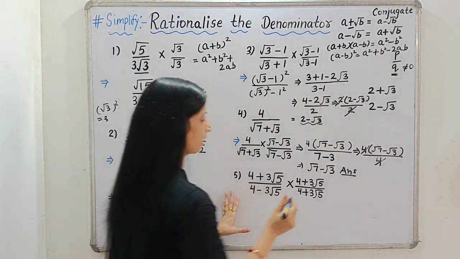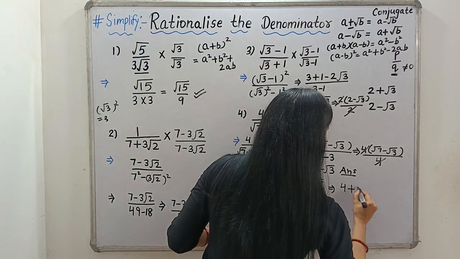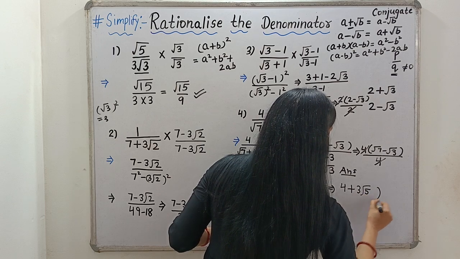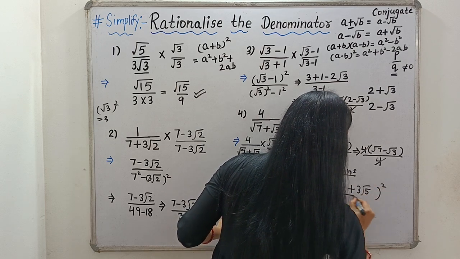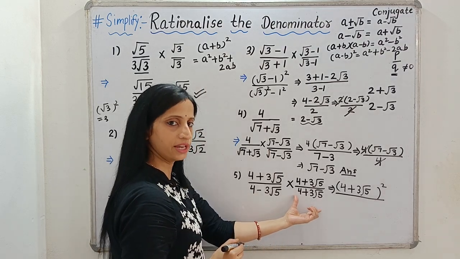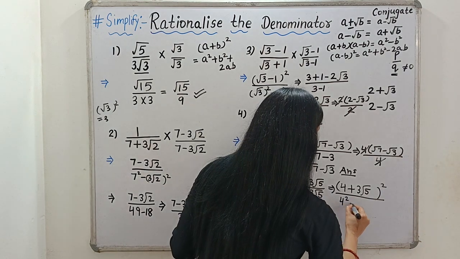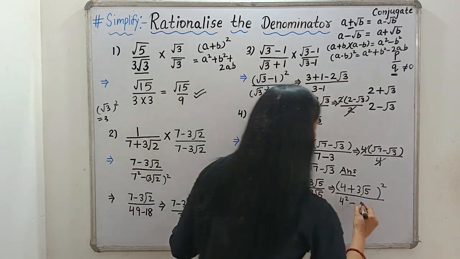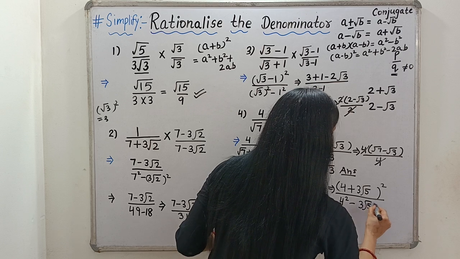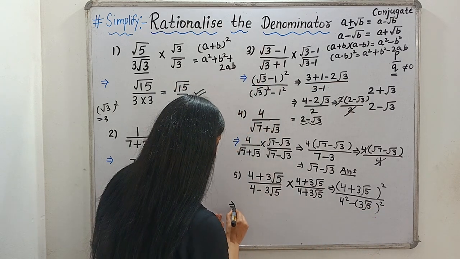Okay, so let's write it here. 4 plus 3 root 5 whole square upon again a minus b, a plus b. So it will be a square minus b square. A is 4. So write 4 square minus b is 3 root 5, 3 root 5 square.